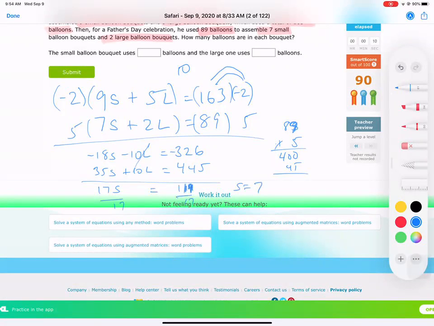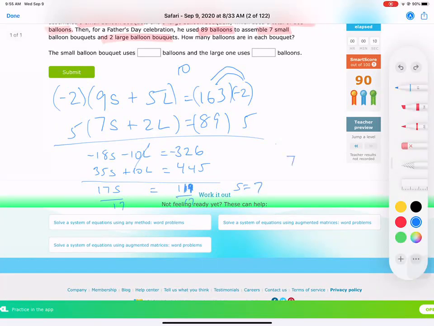Okay, now that I know S, we need to solve for L. So for small balloons, every bundle, every bouquet of small balloons comes with 7 small balloons inside. Yay! Now I'm going to either use the first equation or the second equation to solve for the next variable. I personally will choose the second one because the numbers are smaller.